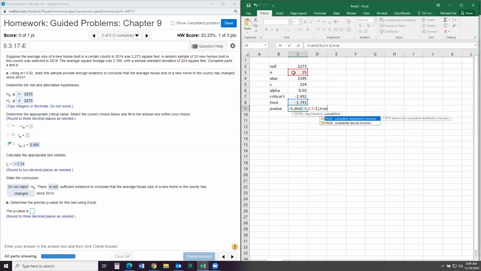Cumulative is true. Remember, this will return to us the probability of a t of negative 1.741 or less. So when we have a negative test statistic, then we just take that number. We don't have to do 1 minus it. When we have a positive test statistic, we have to do 1 minus it. And then because it's two-tailed, we multiply that by 2.